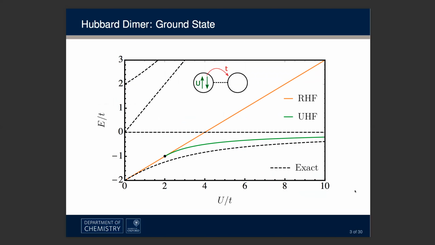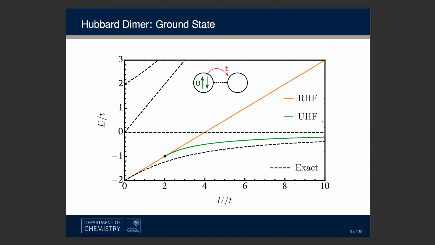To get an idea of these reference states, there are two main reference states we might consider today. These are the restricted Hartree-Fock solution, where we have symmetry pure and closed shell orbitals, so this would just be a sigma g squared state. And we also have the unrestricted Hartree-Fock solution where we allow the electrons to occupy different orbitals for different spins.